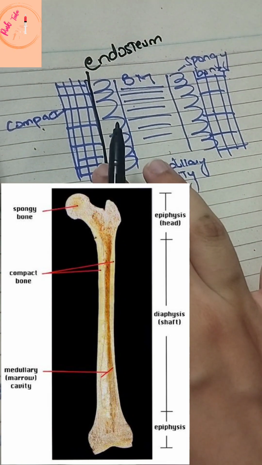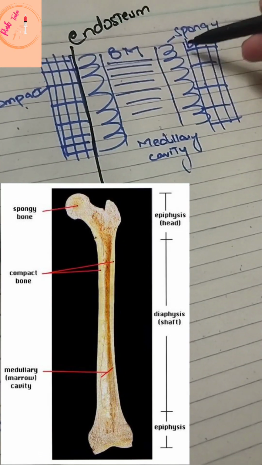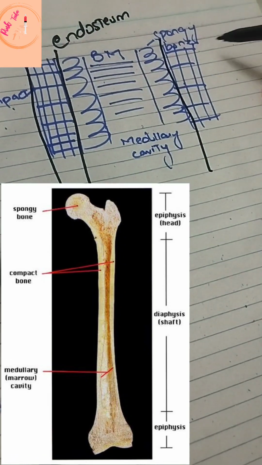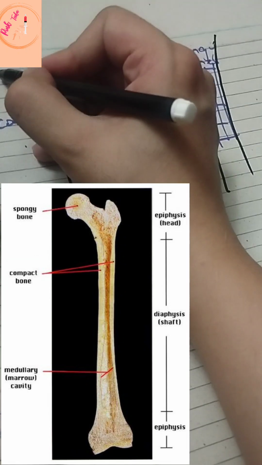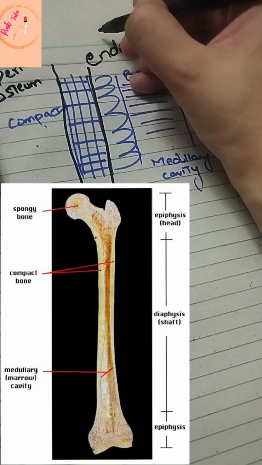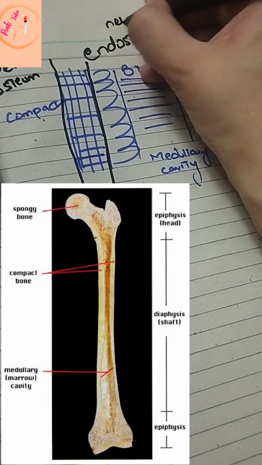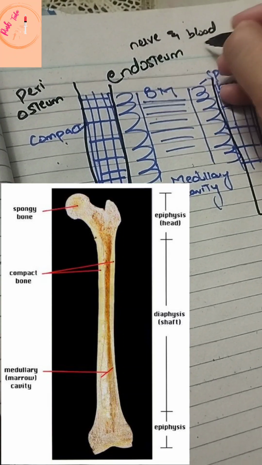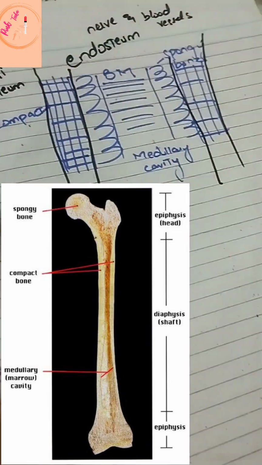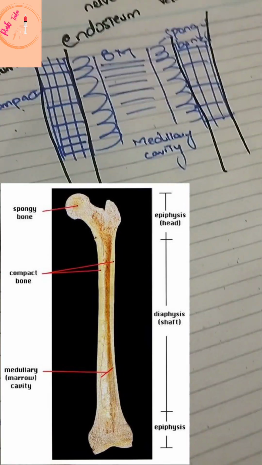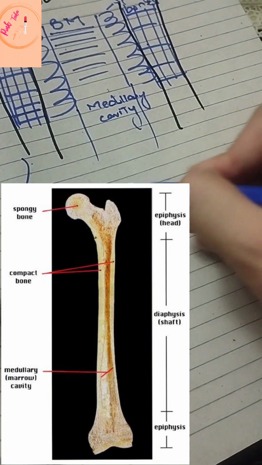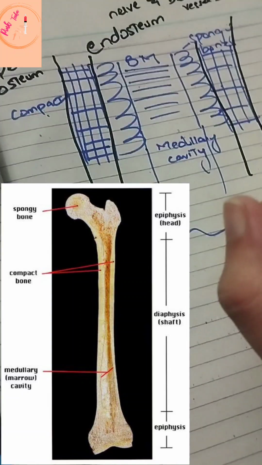Just next to the spongy bone it is covered on either side by endosteum, and the compact bone is covered by a similar layer of connective tissue, which is called periosteum. What these endosteum and periosteum do is that they serve to supply nerves and blood vessels to the bone so that the bone can grow. This is especially true for long bones. Now you can remember that this is the center or the shaft, and you can elongate it on either side, and this will become a typical bone. This is the epiphysis of the bone that I have drawn.